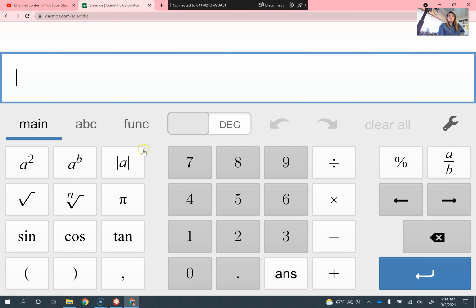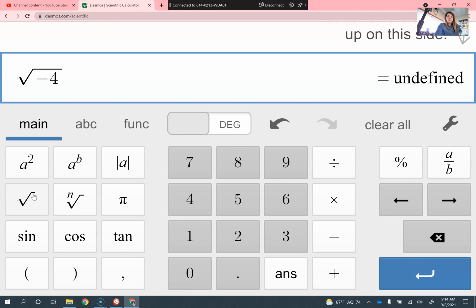You can see on the keyboard, 3 down is the root symbol. So I'm going to hit that root symbol. I'm going to type in my -4. And then I need to arrow out of that and hit the +5.